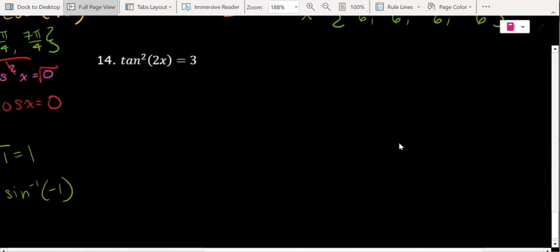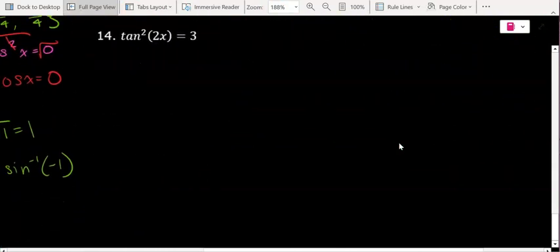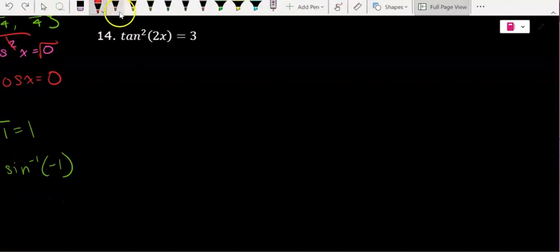Alrighty, last problem. So on this one right here, what we've got is tangent squared, but I do also have a multiple angle, okay? So in this particular case, I've got to square root both sides. So I'm going to have tangent of 2x is equal to plus or minus the square root of 3.